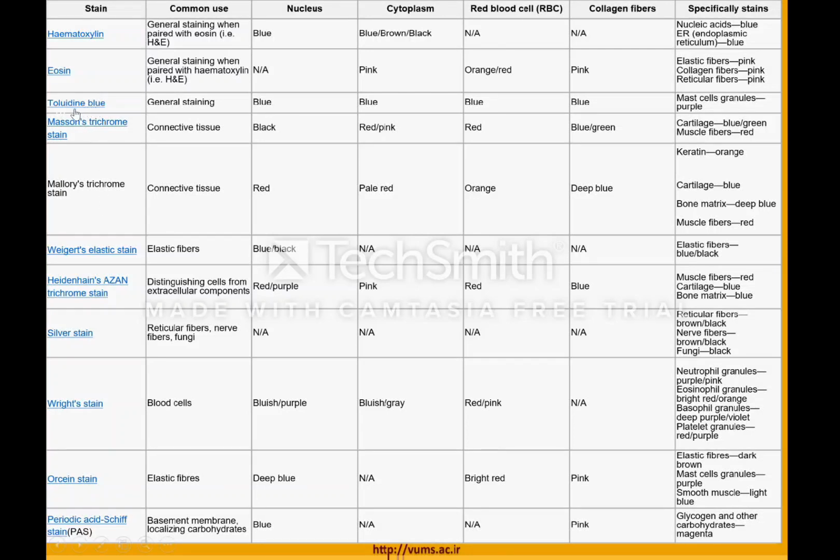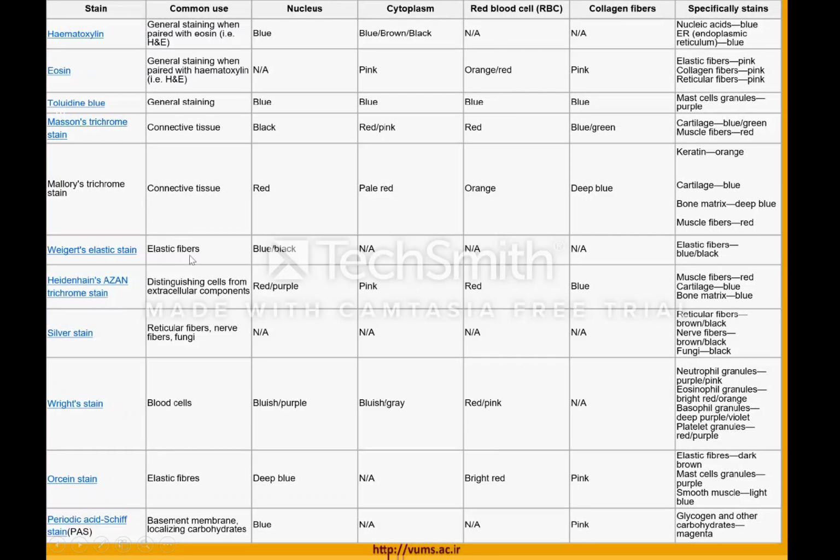For example, toluidine blue is another general stain that stains all of the structures of the cells blue, and is mostly used for fast staining or for mast cell granules. Masson trichrome and Mallory trichrome staining are done for connective tissue, for staining collagen fibers and also other structures as you see here.